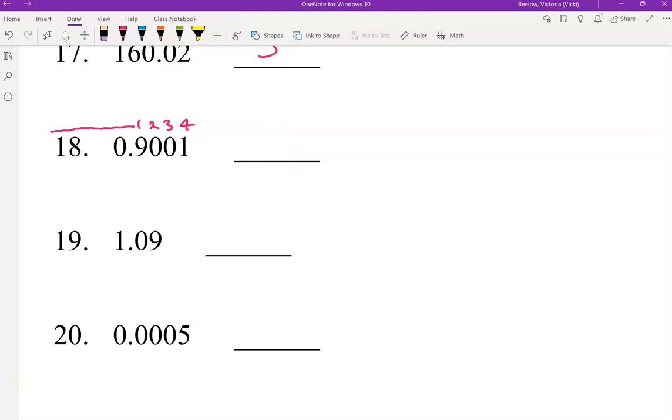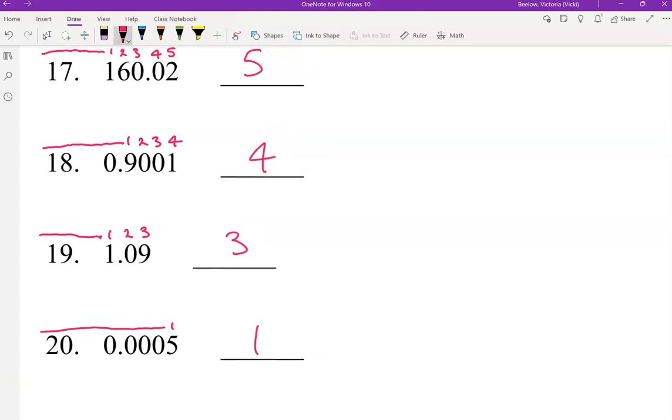So this would have 4 significant figures. For this question, the first number I come across that's not a 0 is the 1. So I would start there, and this would have 3 significant figures. For the last question, the first number I would come across that's not a 0 is the 5. So this would only have 1 significant figure.